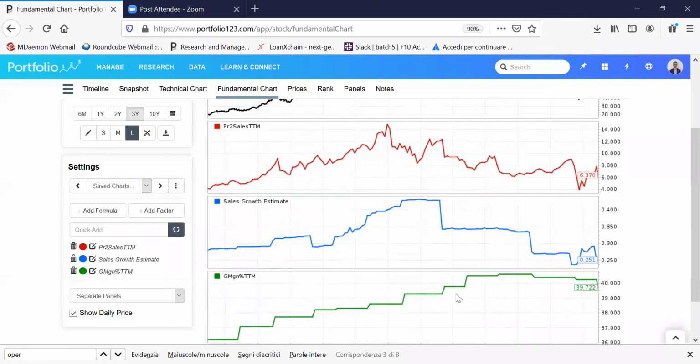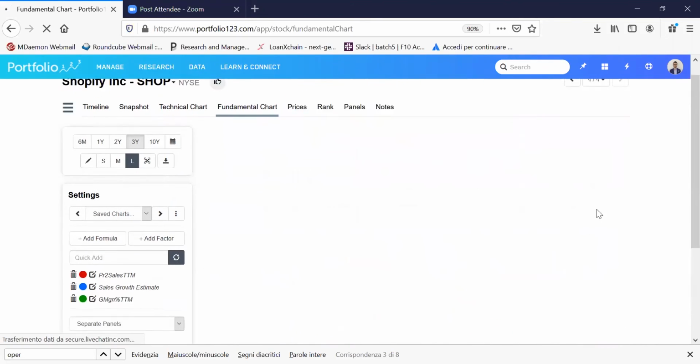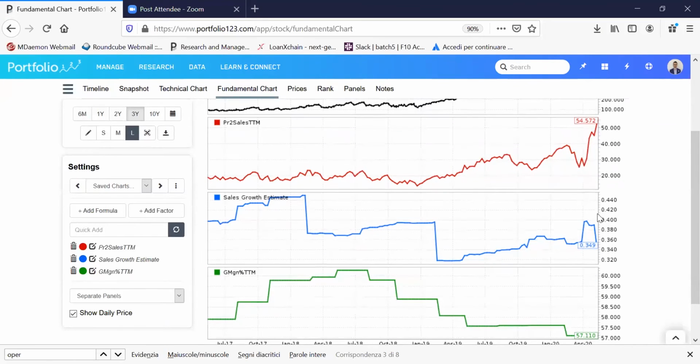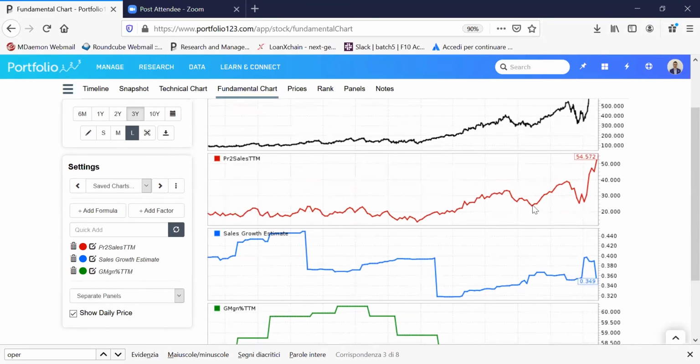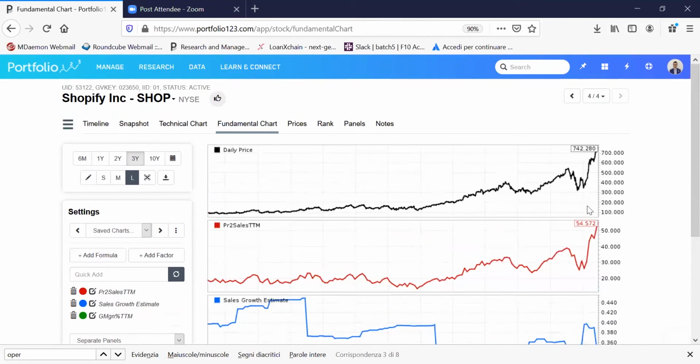So in here, you can see that price to sales is in line with what's going on in sales growth and gross margin, but in Shopify it is not. So either there is a lot of information that we are missing here, and analysts are not just daring to estimate a high enough sales growth, or maybe this price is totally off, and we can say that this could be a bubble.